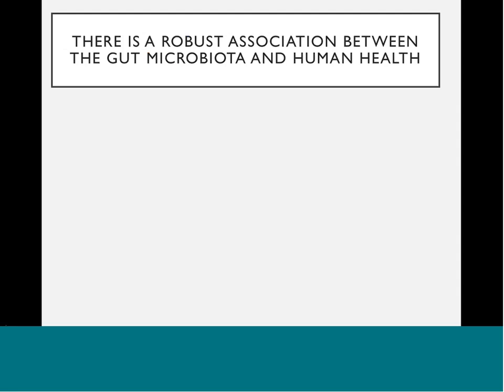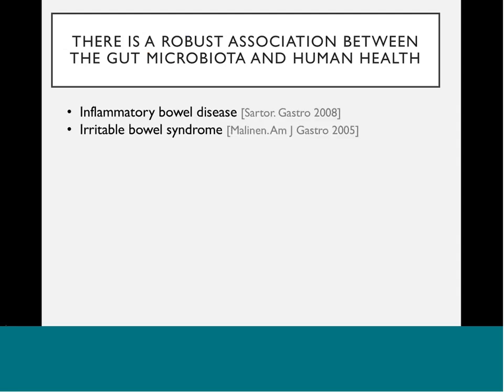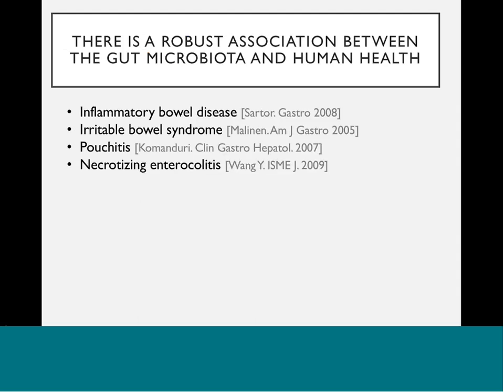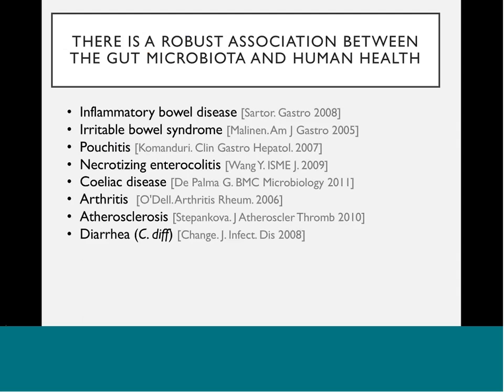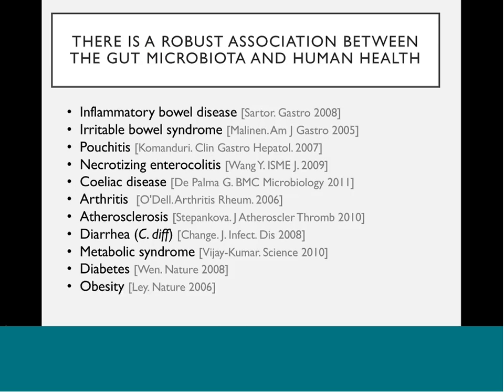This is just meant to provide some sense of the work on health. There is evidence around inflammatory bowel disease, irritable bowel syndrome, celiac disease, arthritis, heart disease, C. diff, as I already mentioned, a range of different metabolic syndromes, diabetes, obesity, colorectal cancer, and I could put up 1,000 more studies that would lay out evidence on the relationship between the gut microbiome and this range of diseases.